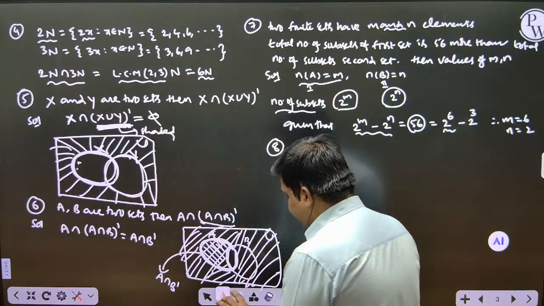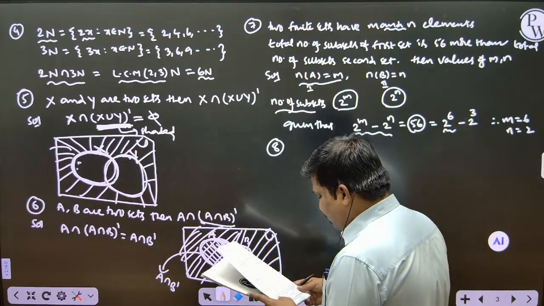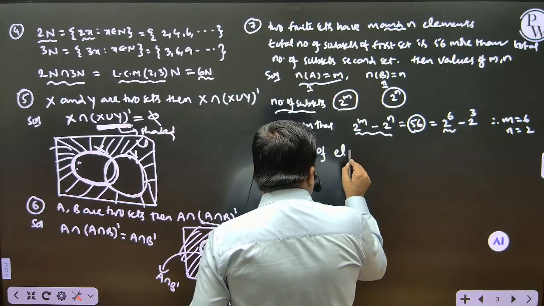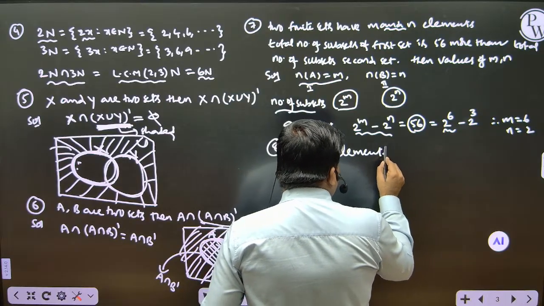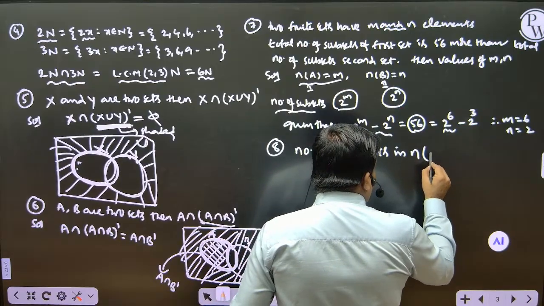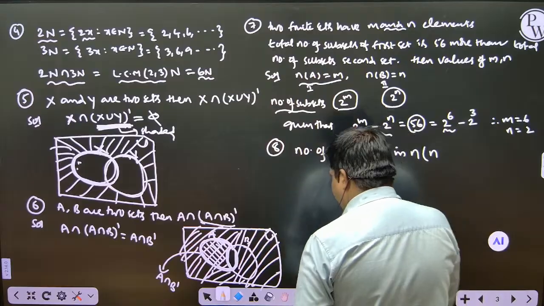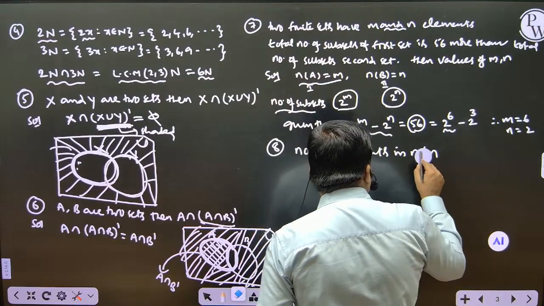This is question number 8. Number of elements in P of P of P of 5, where P of means power set of.